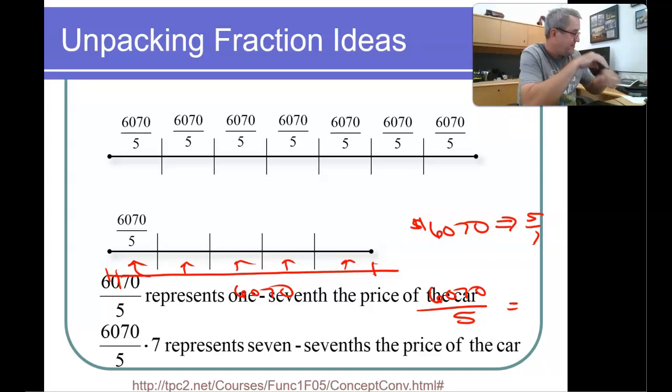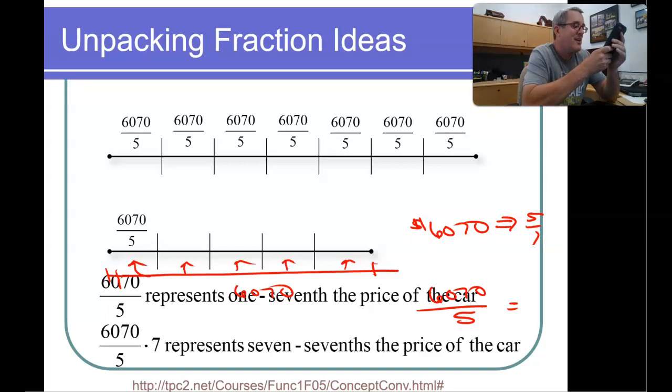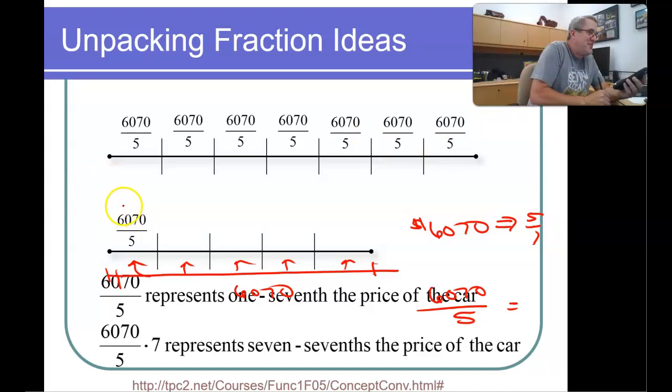of the car. I don't think I have it on this slide, so let's just make sure you have the correct result here. What's 6,070 divided by 5? So each one of these, 6,070 divided by 5 is 1214. So each one of these is 1214.